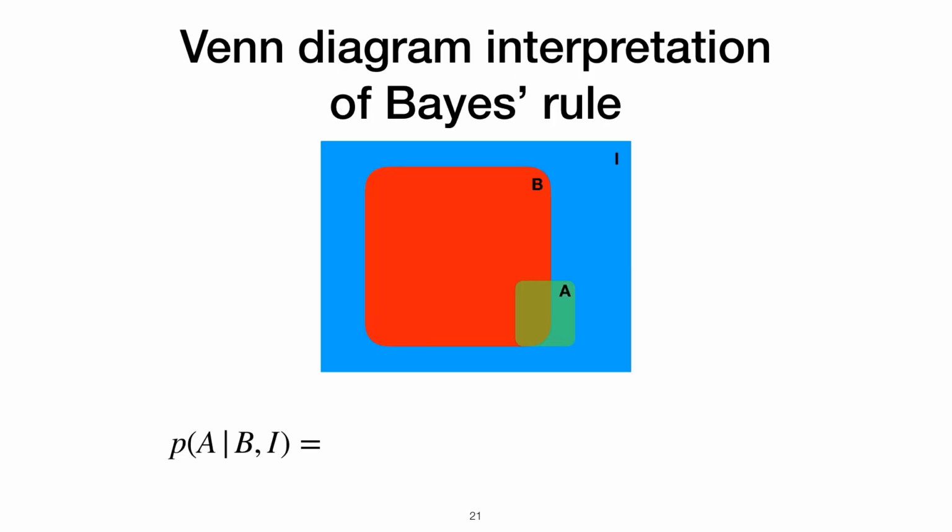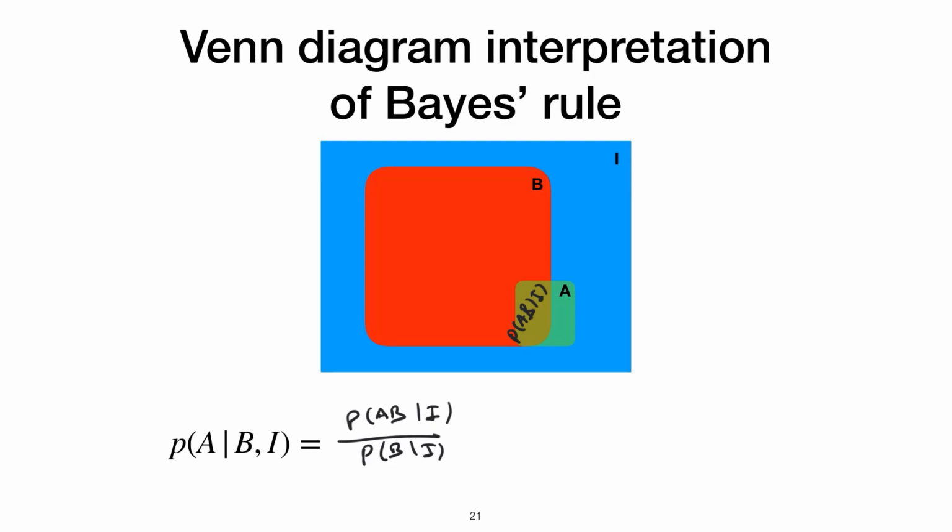Let's use the Venn diagram to develop some intuition about Bayes' rule. The rule says that the probability of A given B is the probability of A and B divided by the probability of B. The probability of A and B corresponds to this area right here, and the probability of B is of course represented by the red area.